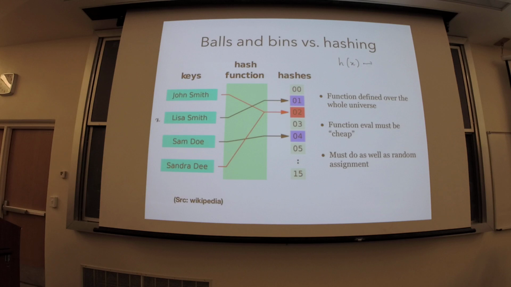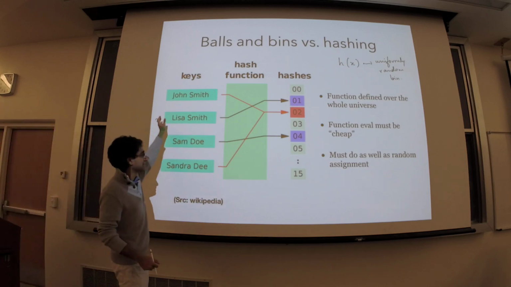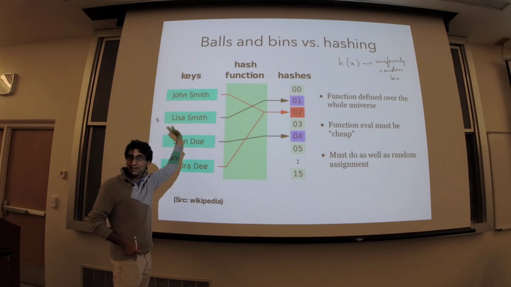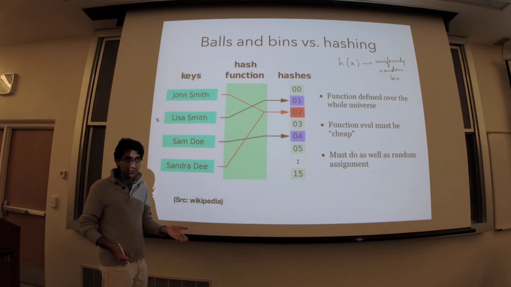This is a uniformly random thing. But note that when you're doing some hashing, this has to be some function that you compute using, let's say, this string, right? And it is some deterministic function that you have to compute using this string.